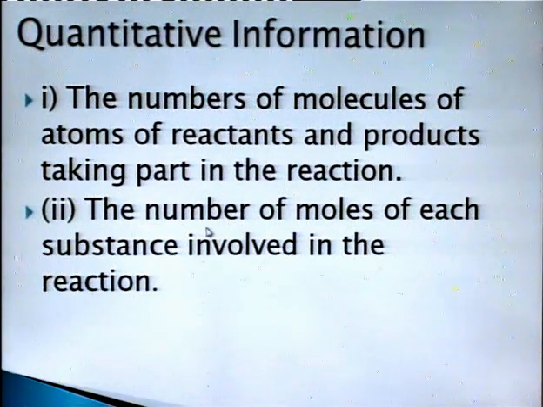Secondly, they tell us about the number of moles of each substance involved. Again, the number of moles means how many moles of reactants are giving how many moles of the products.